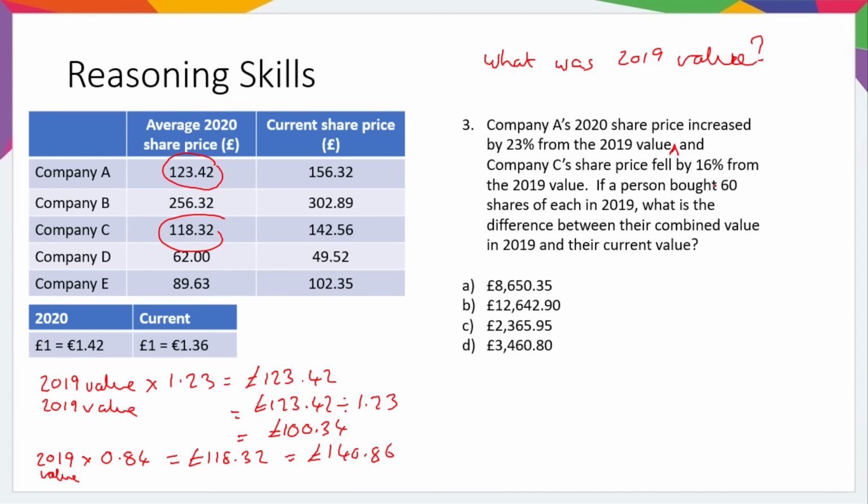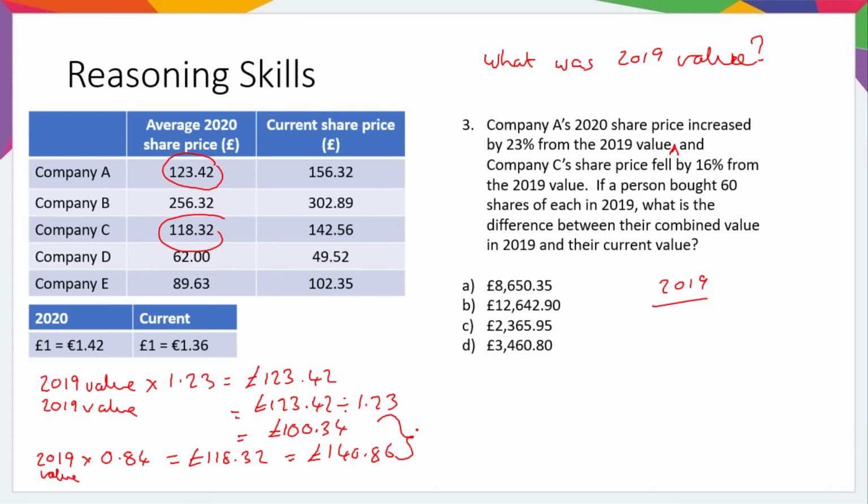So if a person bought 60 shares of each in 2019, what's the difference between their combined value in 2019 and their current value? So we're going to work out the value in 2019. We could do 100.34 times 60, 140.86 times 60 and add them together, but much quicker is just add these two numbers together and then multiply that by 60.